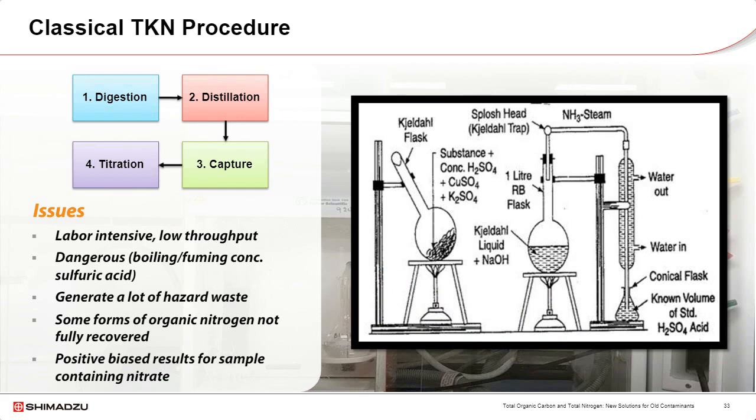The classical TKN method, which was developed by Johann Kjeldahl in 1883, is still being used today. Now in concept, water samples are digested at the boiling point in a concentrated sulfuric acid and potassium sulfate solution in the presence of a metal catalyst.